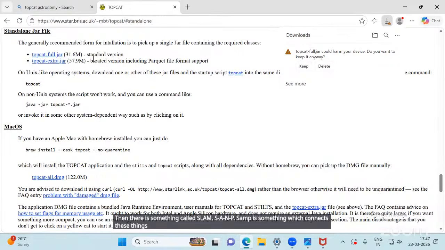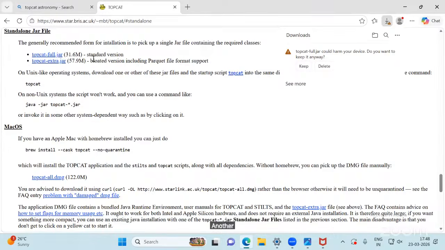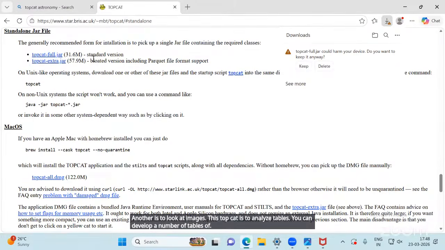So Aladin, which Priya just showed, you can see images on that. Aladin is to look at images. This TopCat is to analyze tables. You can download tables of a cluster or a galaxy or an object, and you will have multiple columns and multiple rows.